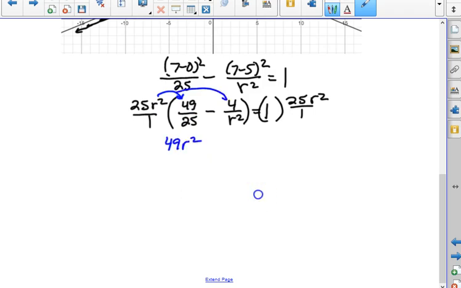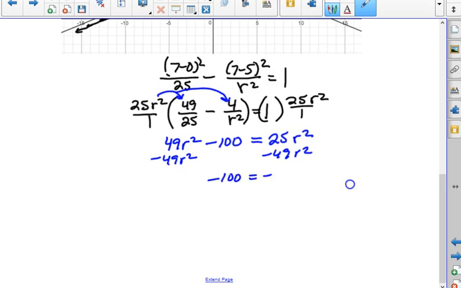Then when I multiply 25r squared times 4 over r squared, r squared divided by r squared is 1. So I just have 25 times 4, minus 100, equals 25r squared. I can subtract 49r squared from both sides, and I get negative 100 is equal to negative 24r squared, or negative 100 over negative 24 equals r squared.